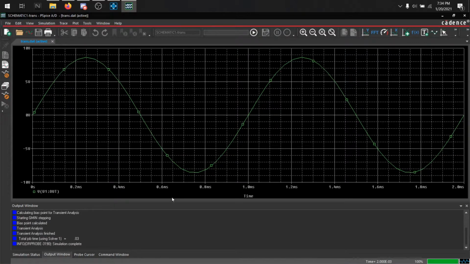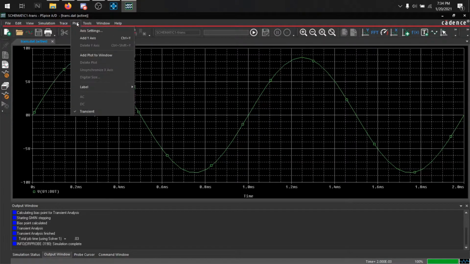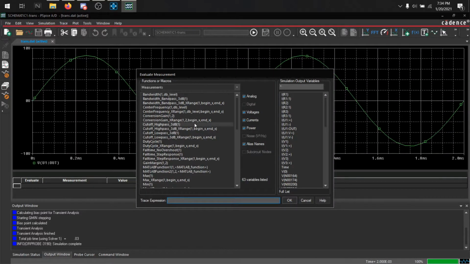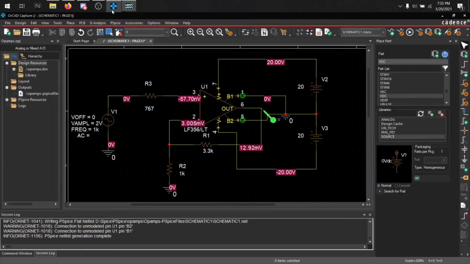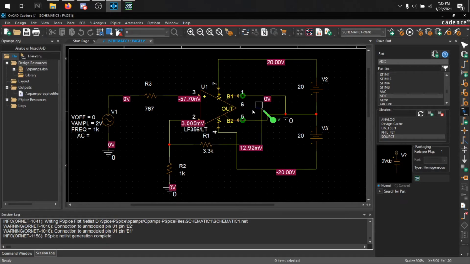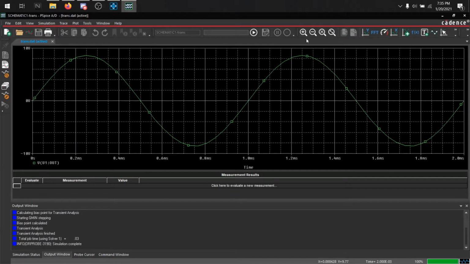And so to verify, you would do a new measurement. So I would take the max of voltages. Hang on, let me label these as V out, so I know exactly which one I could pick.